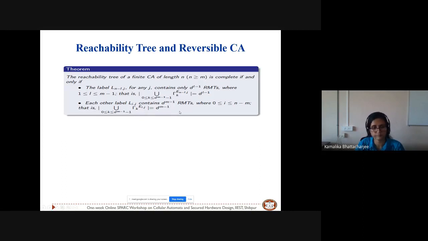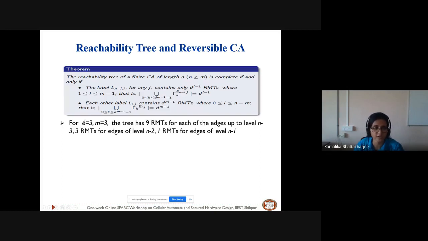For example, if we take d equal to 3 and n equal to 3, that is a 3-state 3-neighborhood CA, the tree will have 9 RMTs for each of the edges up to level n minus 3. So starting with level 1 up to level n minus 3, each edge will have exactly 9 RMTs, for level n minus 2 we will have 3 RMTs for each of the edges, and for level n minus 1 we will have only 1 RMT per edge.